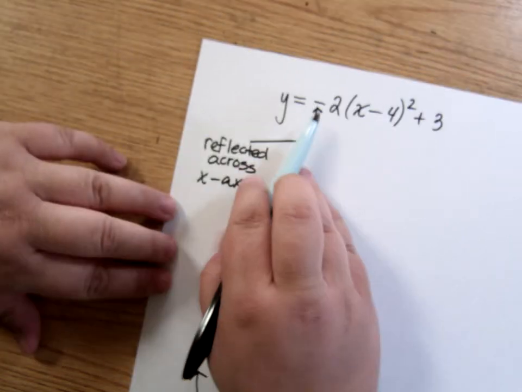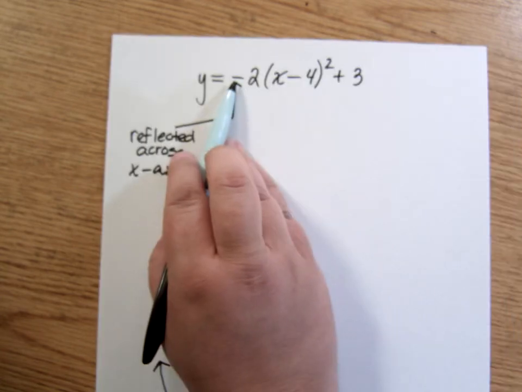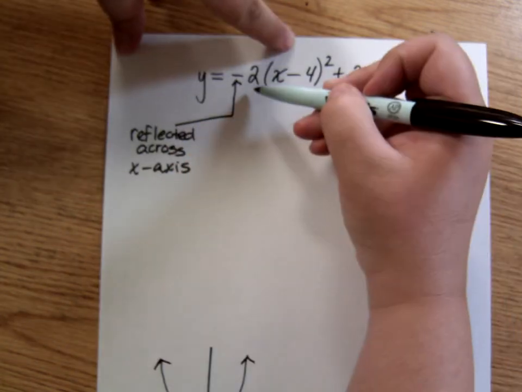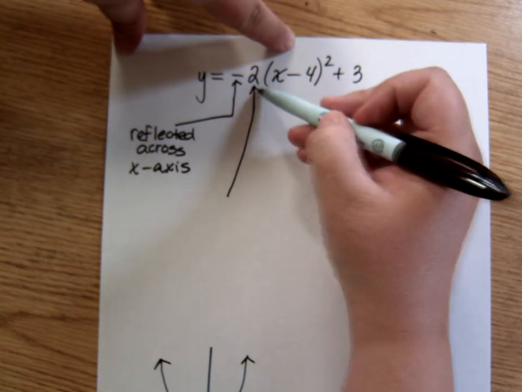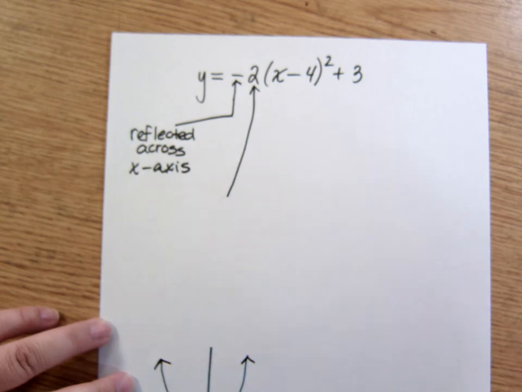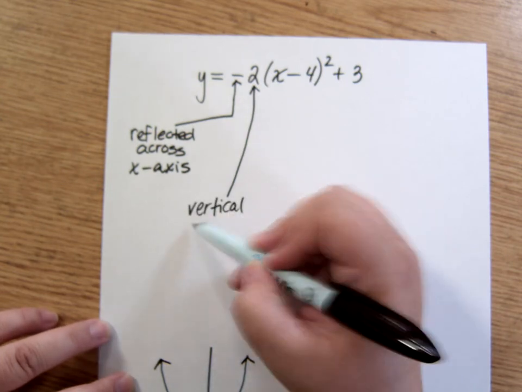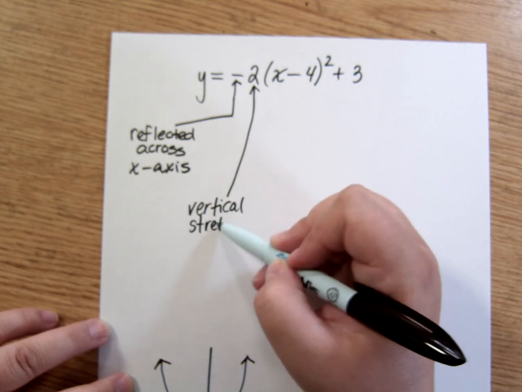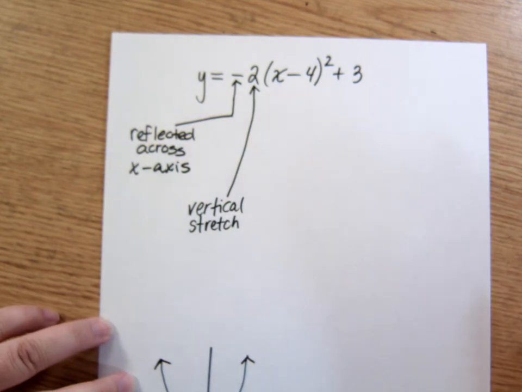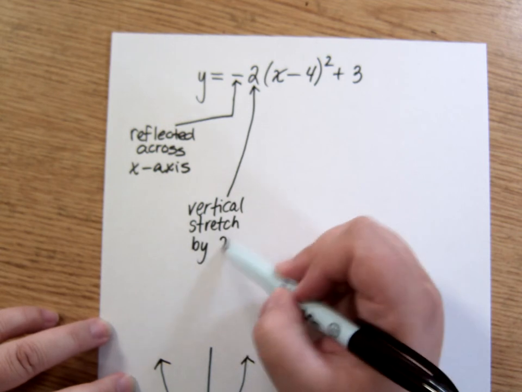There's a negative here that's not there in y equals x squared, so that has been reflected across the x-axis. The next thing that's here that's not there in y equals x squared is a number out front. If there's a number other than 1 out front, that's what we call a vertical stretch. This has a vertical stretch by a factor of 2.